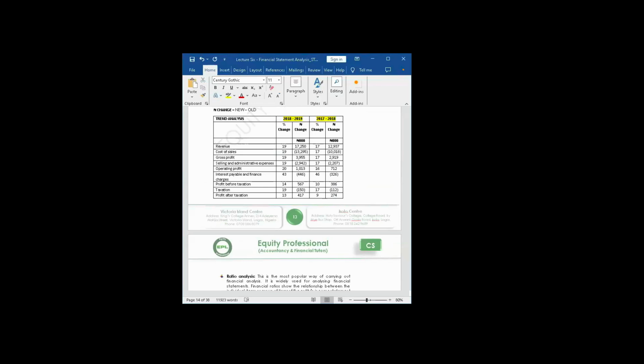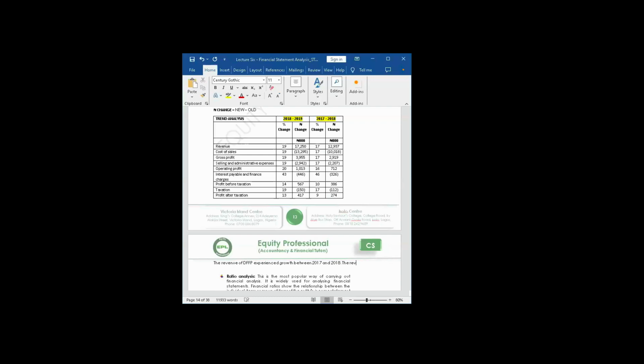So I can say that the revenue of DFFP experienced growth between 2017 and 2018.